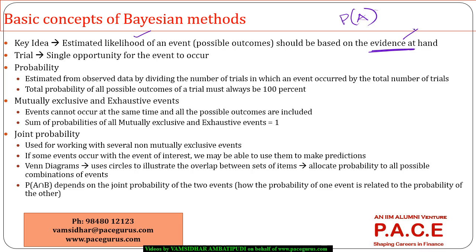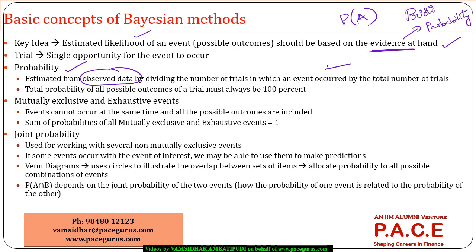This is what we call the prior probability. Based on the existing evidence that I have, I am trying to find out the estimated likelihood of the event. So probability-wise, I am estimating it from the observed data.